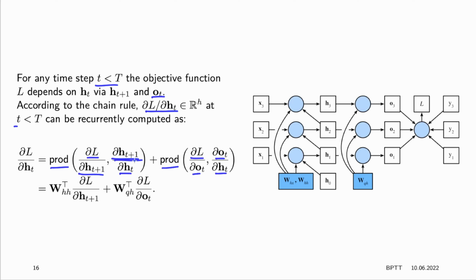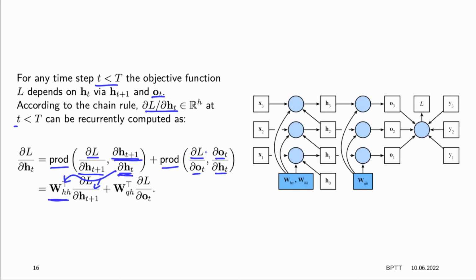Because these are linear neural networks, the dependency of H_{t+1} on H_t is linear, and thus this gradient becomes W_HH transpose. This is this term here, and this is this term.